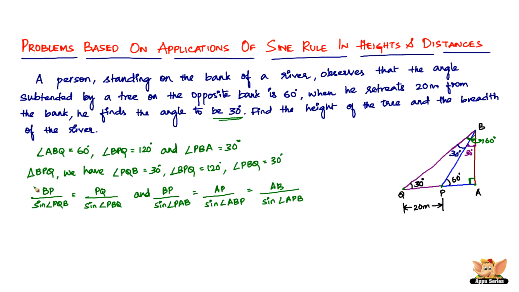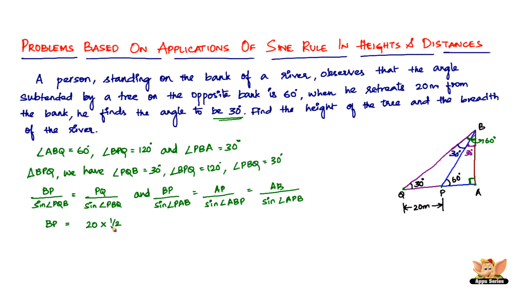Let's first use this. We know that PQ is 20, right? The value of PQ is 20. So we need to find BP. So BP will be equal to PQ, which is 20, times sine of angle PQB, going to the right-hand side top. Angle PQB is 30 degrees, so sine of 30 degrees is a half.